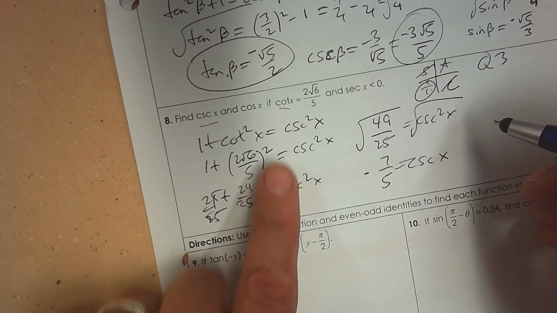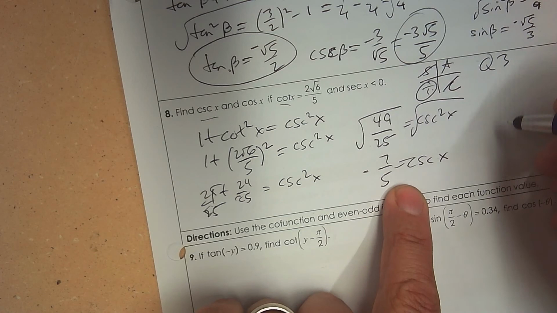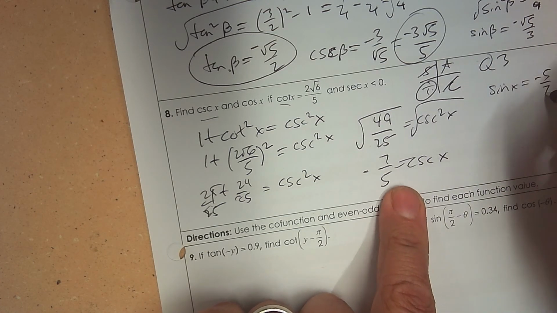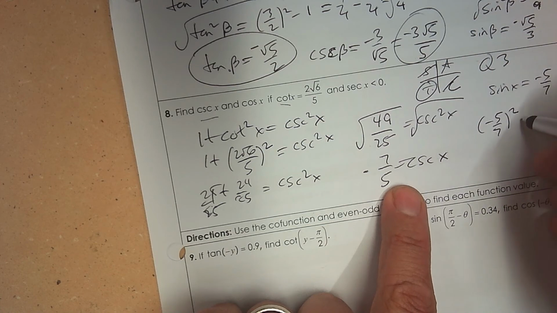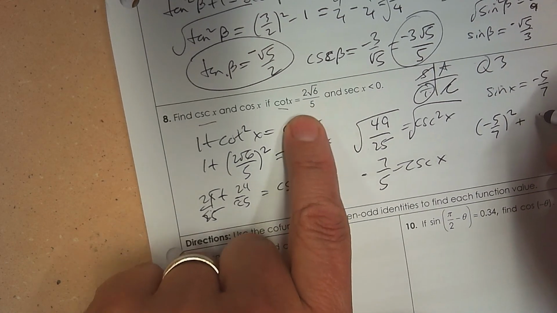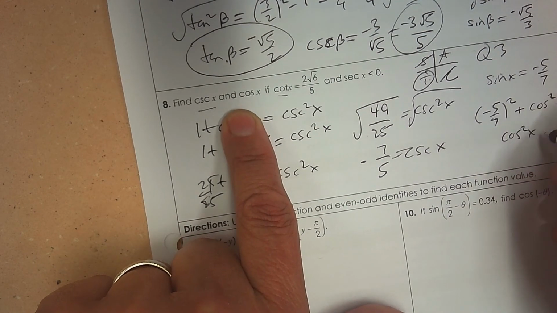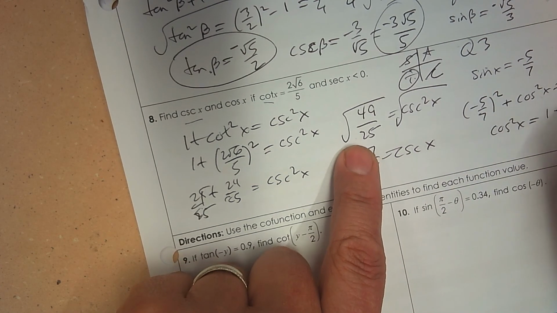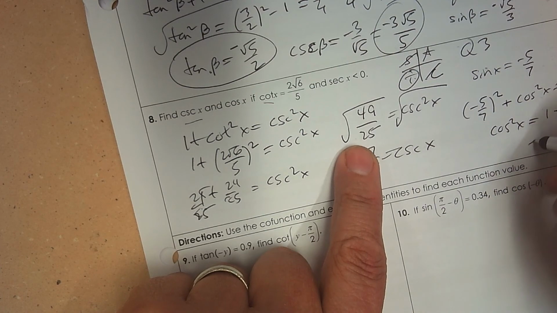I also need to find cosine. If cosecant's negative 7 over 5, that means sine must be negative 5 over 7. So we can go negative 5 over 7 squared plus cosine squared is equal to 1. Subtract 25 over 49, get common denominators.